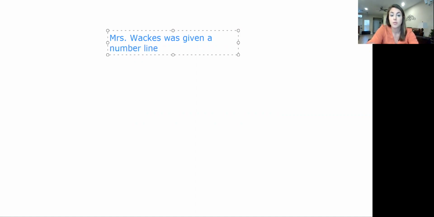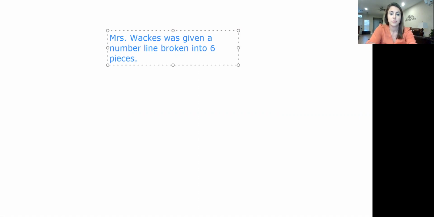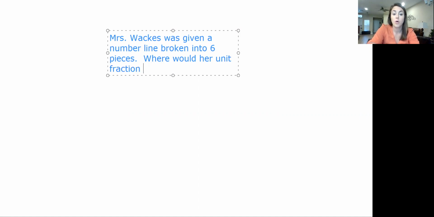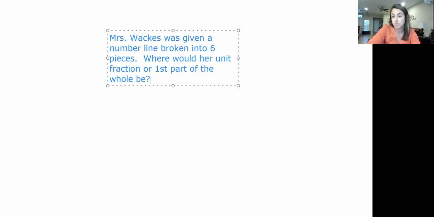If we write that Mrs. Wackus was given a number line broken into 6 pieces, where would her unit fraction, or first part of the whole be? And they'll word a question like that, and you might see a number line that's drawn like this, right?